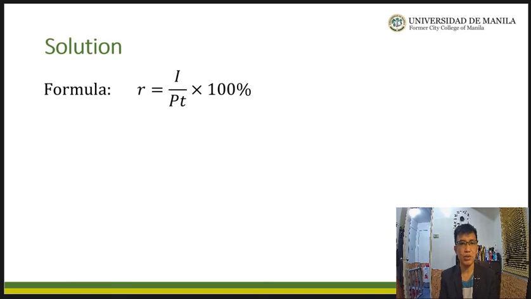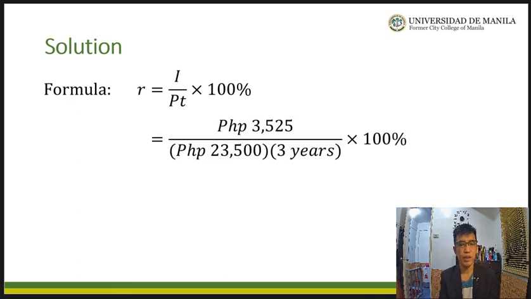So by substitution, okay, we know that the simple interest is 3,525, and the principal is 23,500, and t is 3 in terms of years, and multiply it by 100.